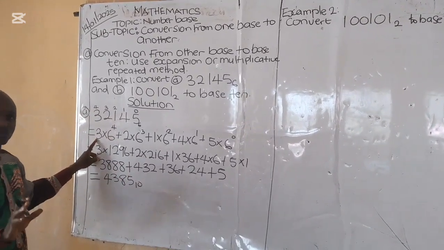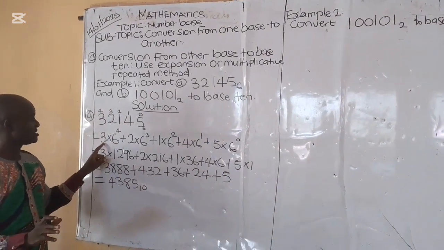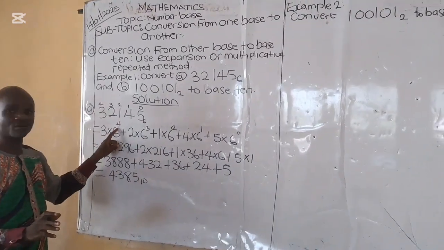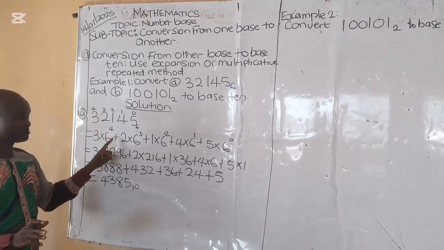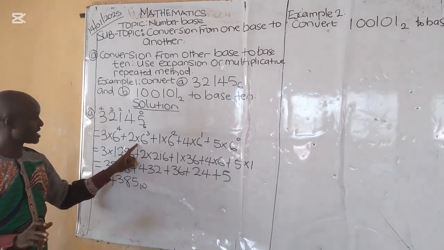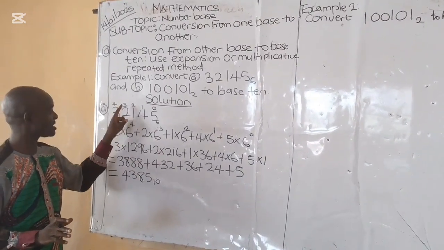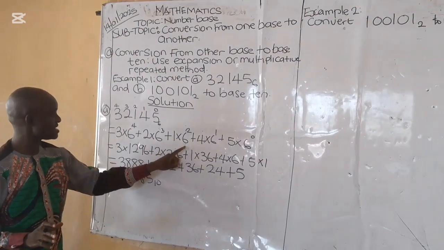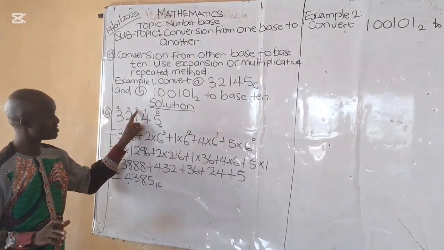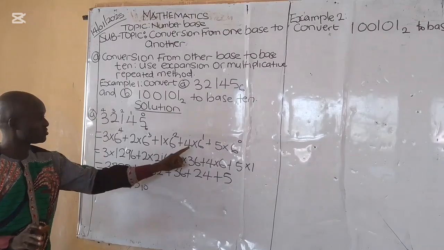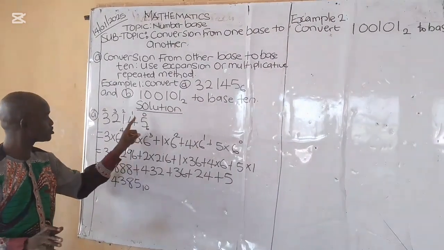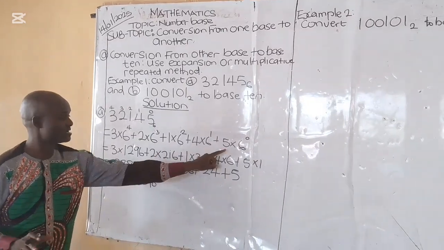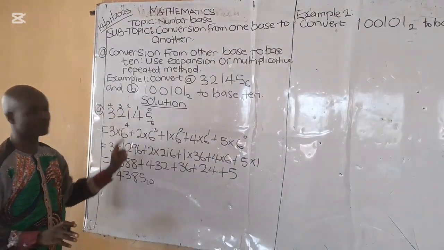which is equal to 3 times the base raised to the power 4, plus 2 times the base raised to power 3, plus 1 times the base raised to power 2, plus 4 times 6 raised to power 1, plus 5 times the base 6 raised to power 0.